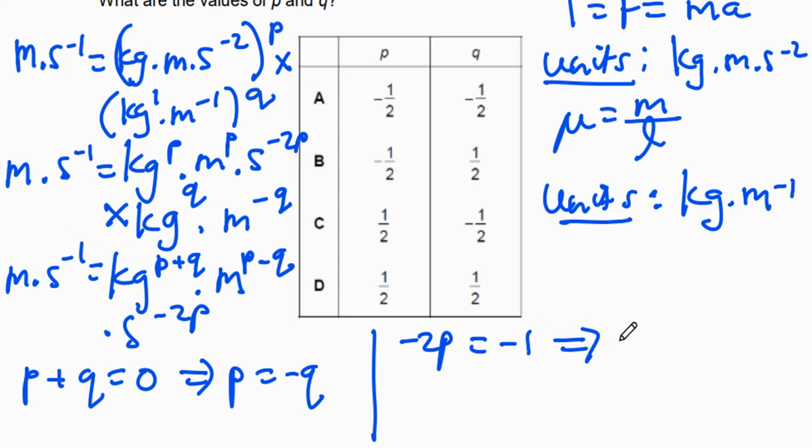And we can solve for p here, and we get p is a half. We already know that p is equal to negative q. Another way of putting this is q is equal to negative p. So if p is a half, q must equal negative a half. And so the answer here will be C.